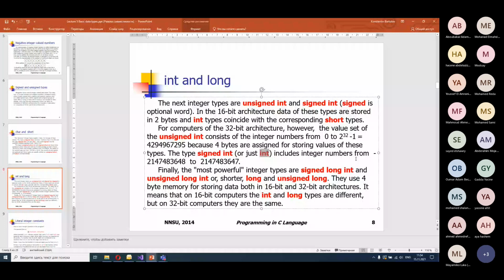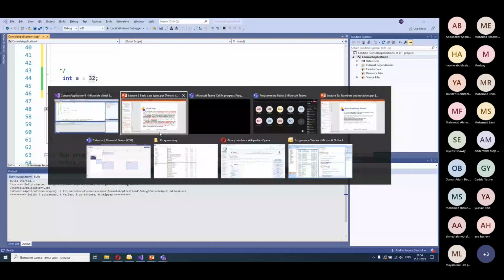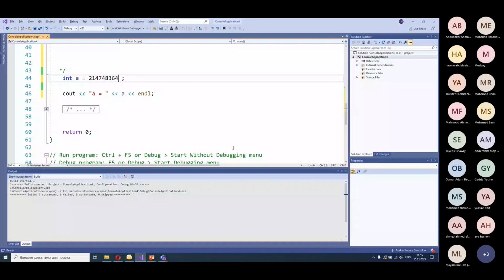Let me declare an integer variable a, and let's assign this number, or even this one, minus 1. I subtract 1 just to show you.